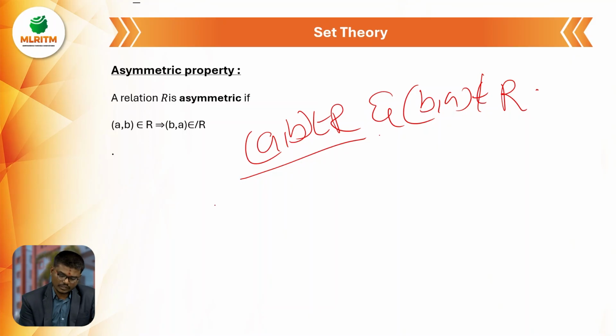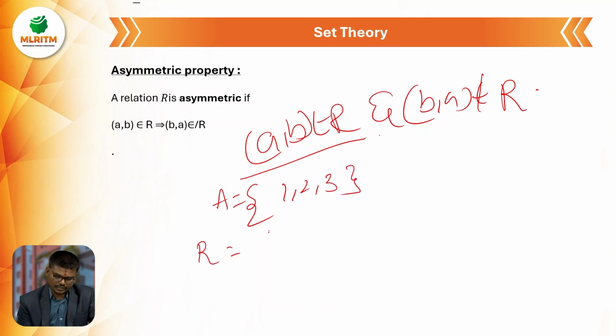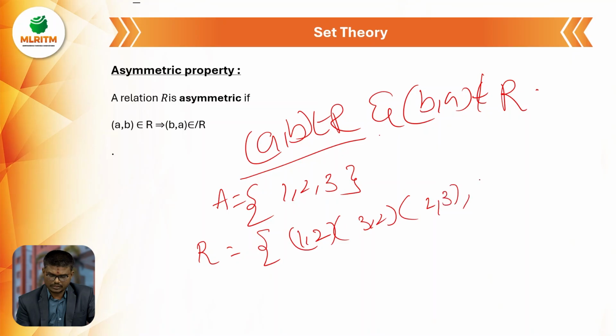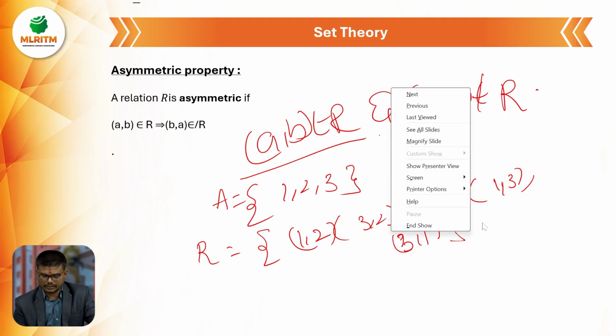So for example, set A equals 1 comma 2 comma 3 and relation R equals 1 comma 2, 3 comma 2, 2 comma 3, 1 comma 3, 3 comma 1. This is the relation.